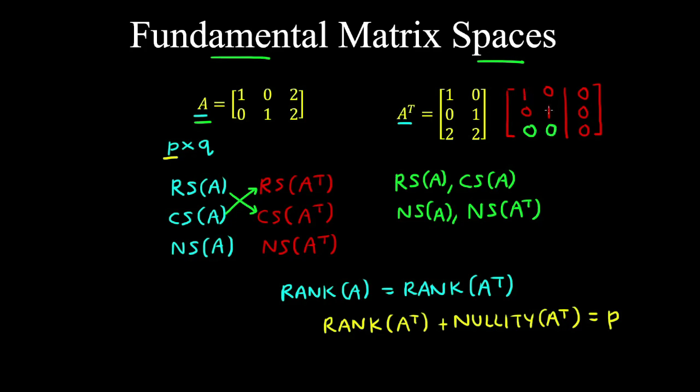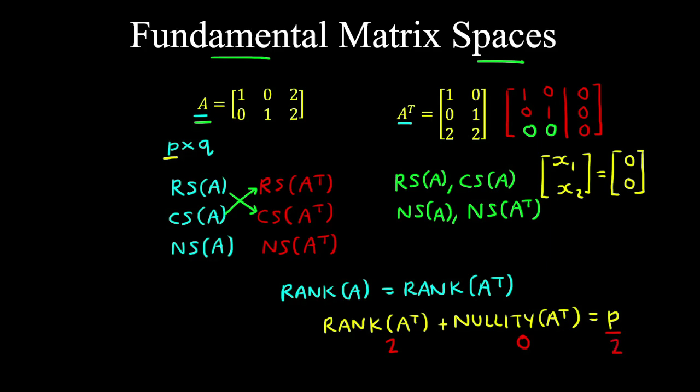And therefore we can say that x2 is 0 and x1 is 0. So therefore the null space has a dimension of 0, and we can say that the rank of the transpose is 2. So therefore that's equal to p being the number of rows in A.